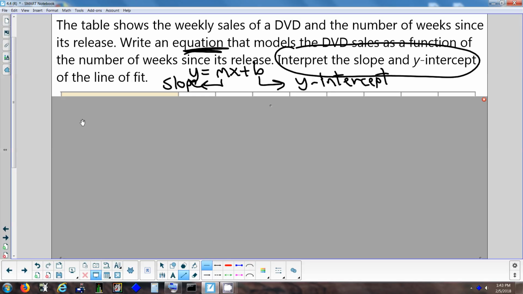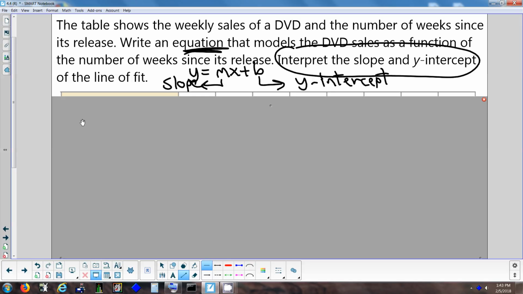How about slope? Jack, how about slope? We can do slope a couple different ways. What's the easiest way to do it? It's going to be a fraction, right?